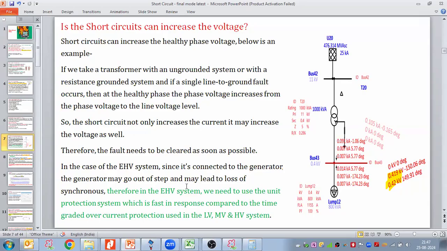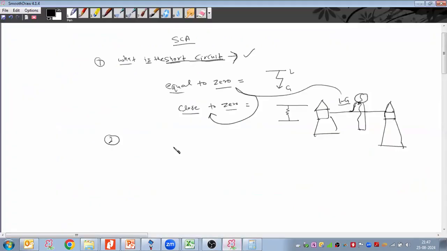Yes. Now, what we discussed so far: what is short circuit? This we discussed. Then we discussed the reason of the short circuit, when short circuit occurs.